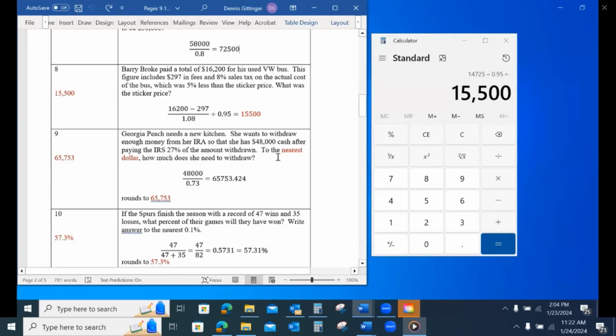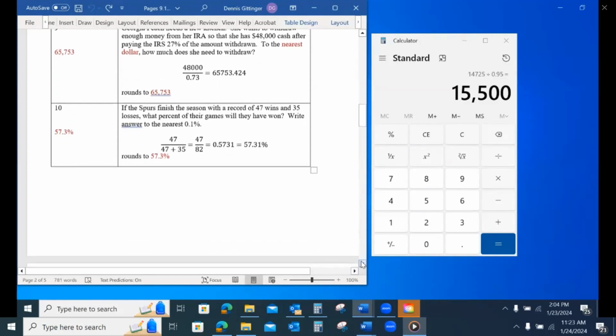Percentage-wise, 100 minus 27 is 73%. So what is 48,000 73% of? You would have to divide it in order to get that answer, 65,753.424. It said rounded to the nearest dollar, and the 4 in 42 cents is not big enough. So that's why it's just 65,753.